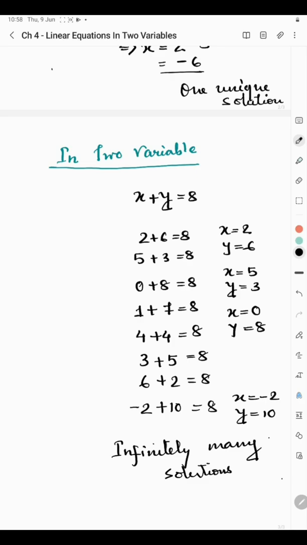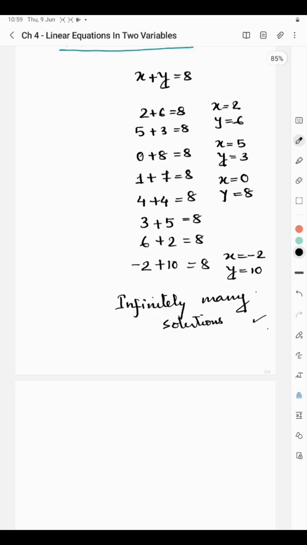So in case of one variable we have only one unique solution, and in case of two variables we have infinitely many solutions. Now suppose we have only one value, suppose x is 2. So what will be the value of y? x plus y is 8, so if the value of x is 2, then 2 plus y is 8.